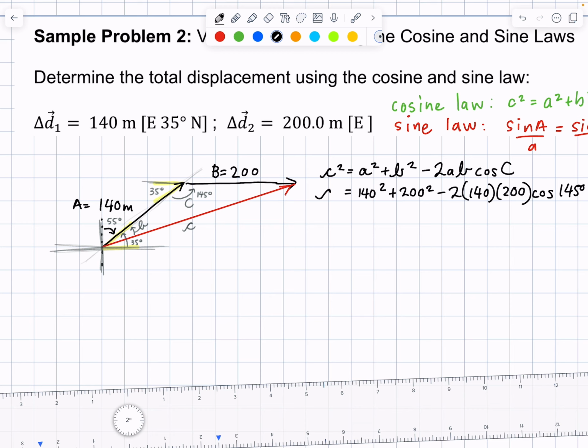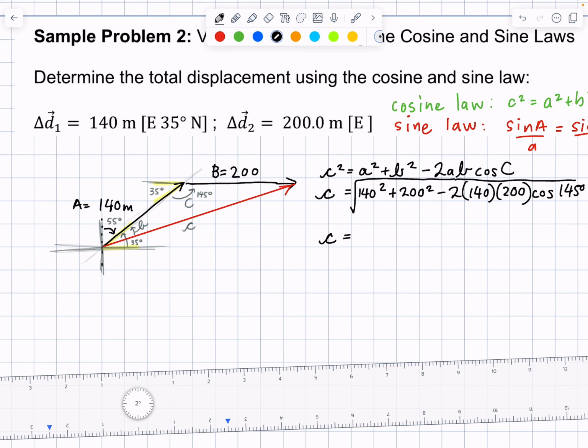In order to find C and not C squared, we need to find the square root of all of this. If we punch this into our calculator, we determine that the magnitude of side C is 320 meters. So this side is 320 meters.